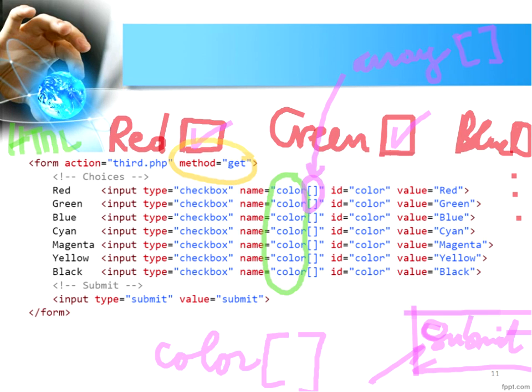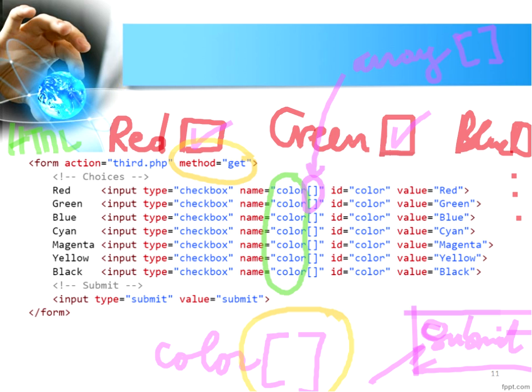The second one, if I have many items with the same name, I add the array symbol in the HTML document. In my example, here I write color, and after that the array symbols.